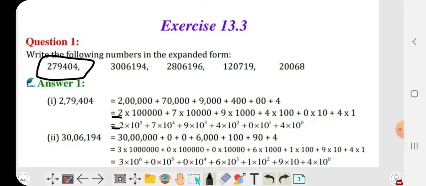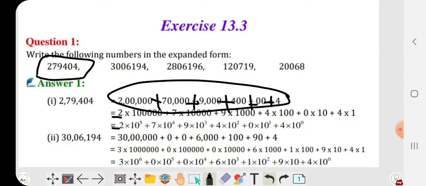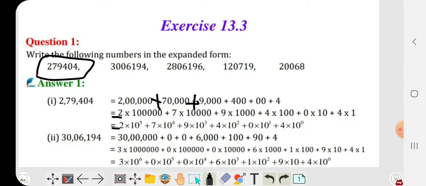And keep it in your mind that here you have to put a plus sign, so that if you add all these quantities, you will get the number which is given to us, that is 2,79,404 again. And if you are opening 2 lakh as 2 into 1 lakh, you have to put multiplication in between.